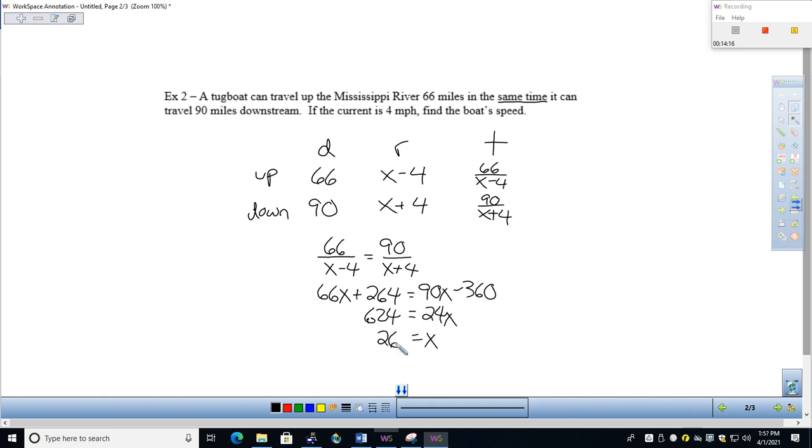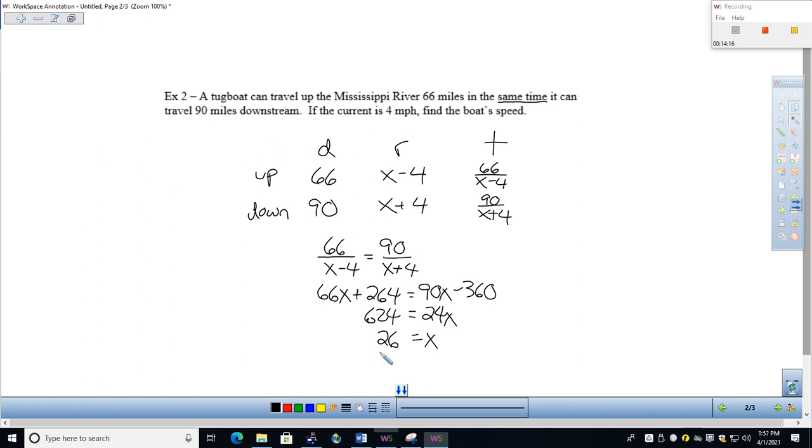That's great. And before I pat myself on the back for a job well done, do you want to make sure I've answered the problem here? So if I'm looking for the boat's speed, and I interpret that as how fast the boat is traveling going up river, and then how fast it is going down river. So this is the still water speed, remember that.